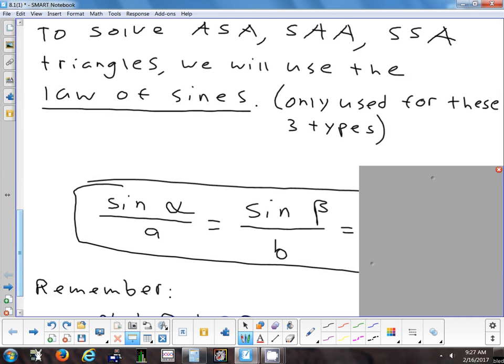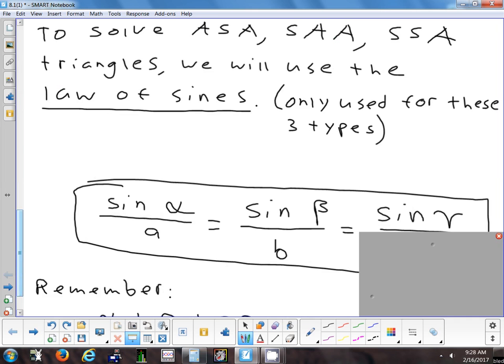And there's a third part to the law that I didn't prove, but based on the pattern, anybody think they know what the third fraction is? Sine of gamma divided by c. Okay. I didn't prove this last part. But you could very easily prove it just the way we did the first two, by drawing a triangle, and instead of labeling the two sides I did, pick two different sides.